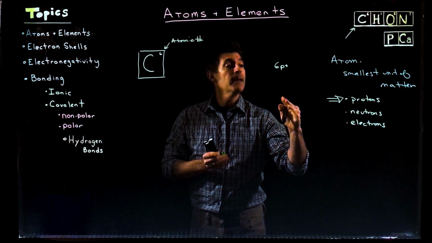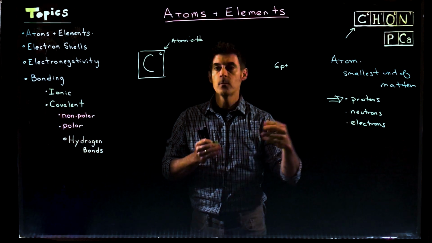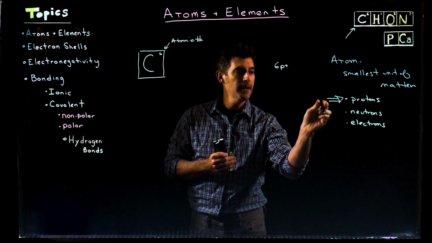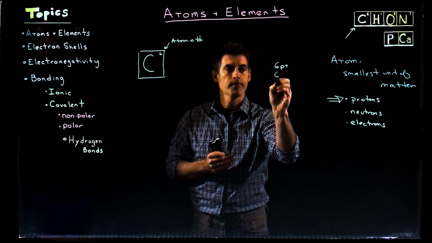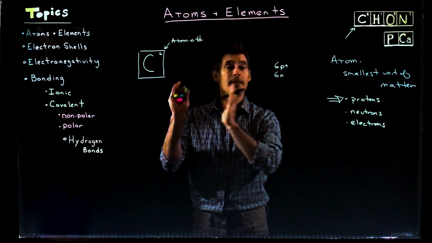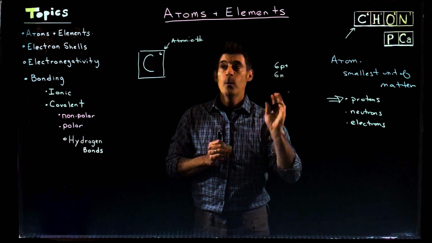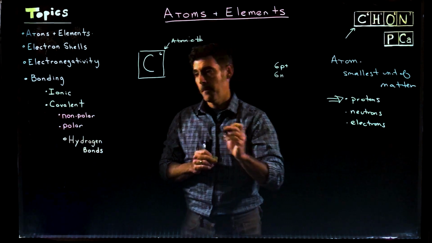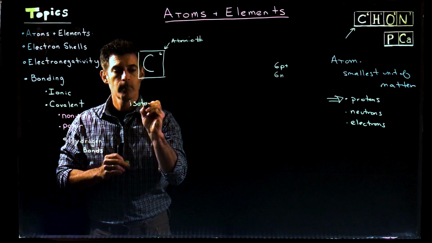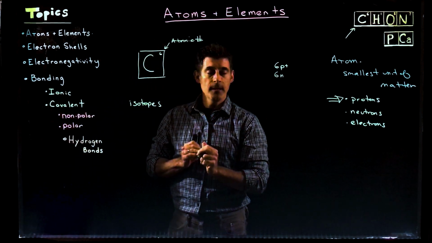Typically, we're going to have the same number of each. So protons, neutrons, and electrons will typically be the same. So if it has 6 protons, it's going to have 6 neutrons. However, the neutrons don't define this element. The protons always define the element. We can have variations called isotopes, which are different versions of this element.